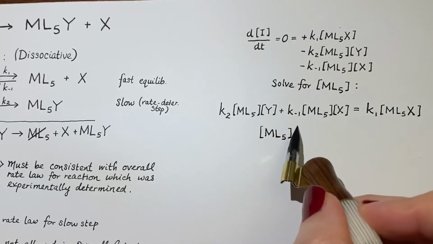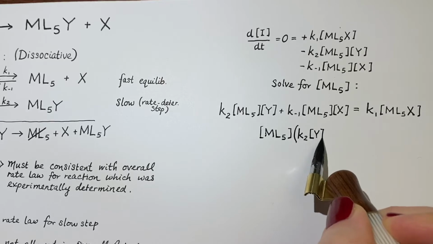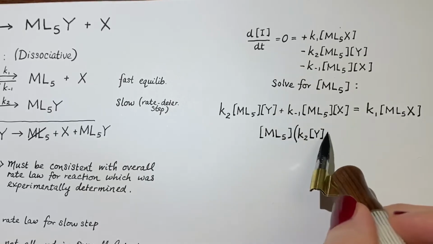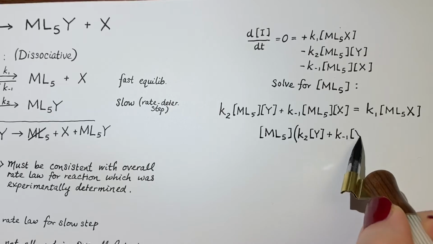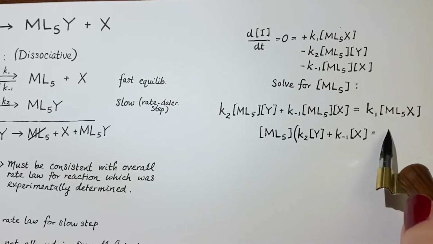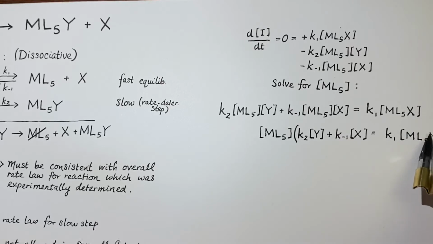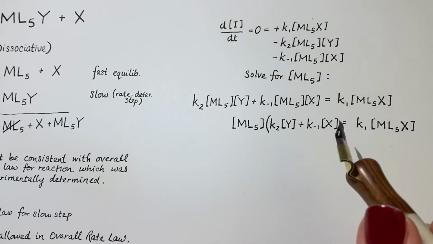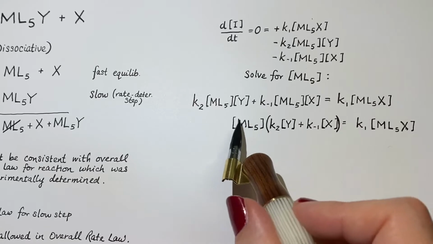That leaves behind k2 Y here, and here we have factored out ML5, and that leaves k-1 X. We still have k1 ML5X. Make sure I get all that in. Oh, we're so close. I didn't close the parentheses.